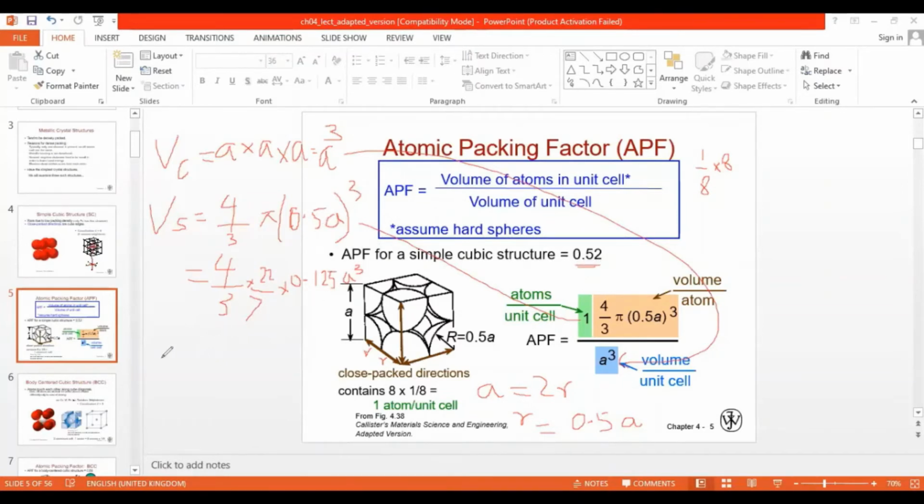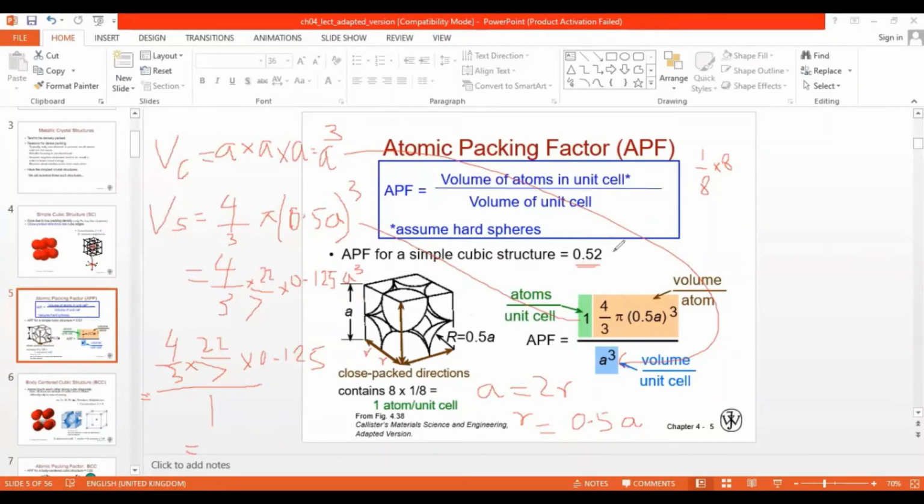So your a cube and a cube will be cancelled, right? At the bottom you have 1. At the top you may have 4/3 into pi into 0.125. So if you substitute, you will have 0.52, right?